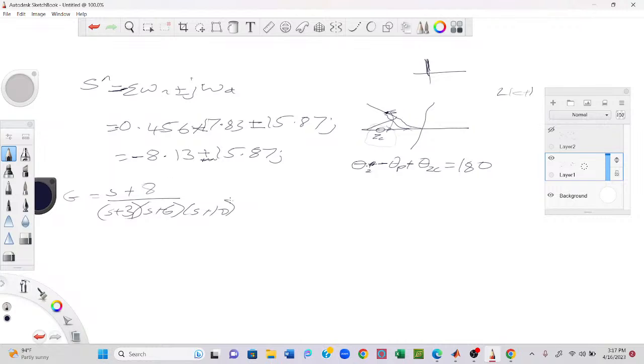So you need to find this transfer function at the new pole, that is at s equal to negative 8.13 plus j 15.7. You're going to get an expression, and you can use that expression to find your magnitude and your angle.